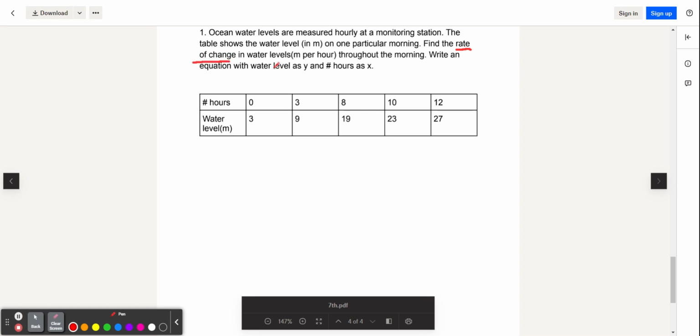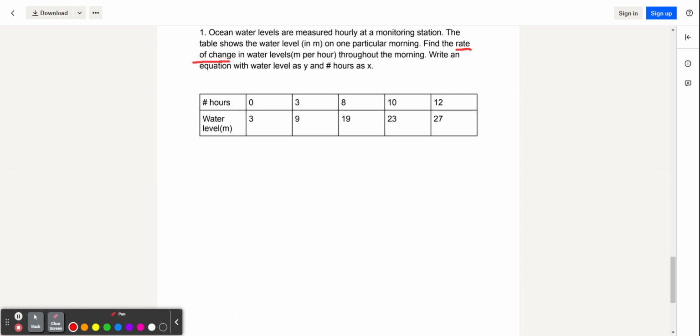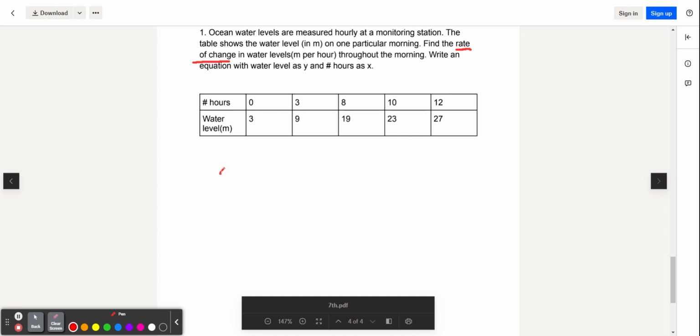The rate of change is given by the slope of the line, and we just went through how to solve for the slope. Now we're given not 2 but many points. Any 2 will work. I'll use the first one because it has a 0, which makes the math easy, and the one right next to it. Now it tells us our water level is y, and our number of hours is x.